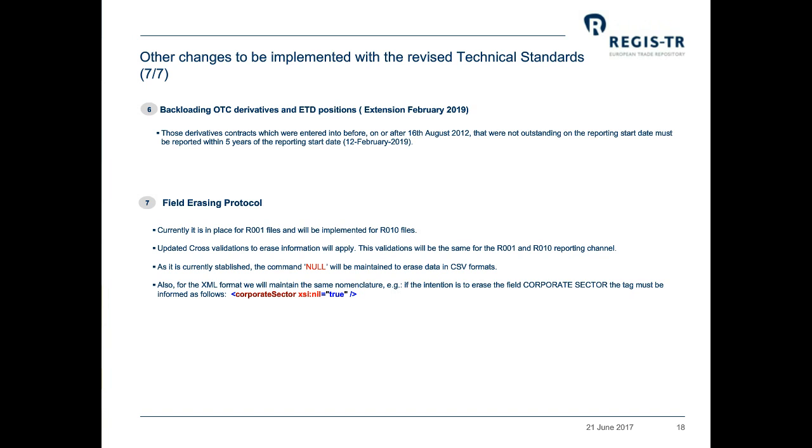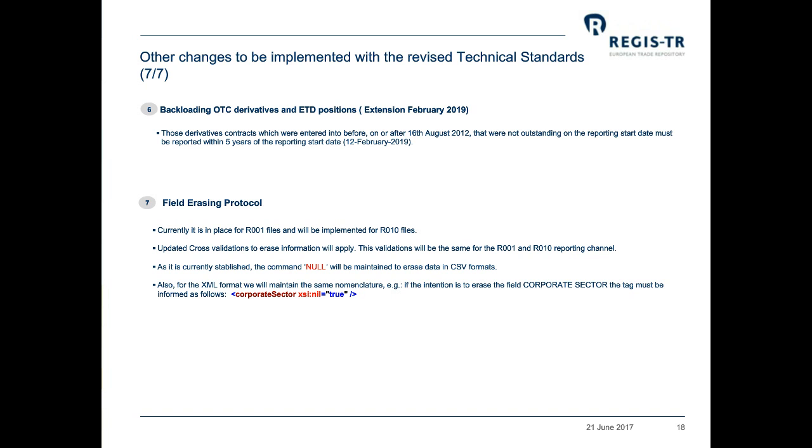Another one is going to be the R021 file, which is the delegating reporting entities CSV file. In this case, we are going to ask reporting participants and third parties accounts to send the list of direct customers on behalf of whom they report to REGIS-TR. This information is not going to be stored in the REGIS-TR database, and it is not going to be used to build the system control.